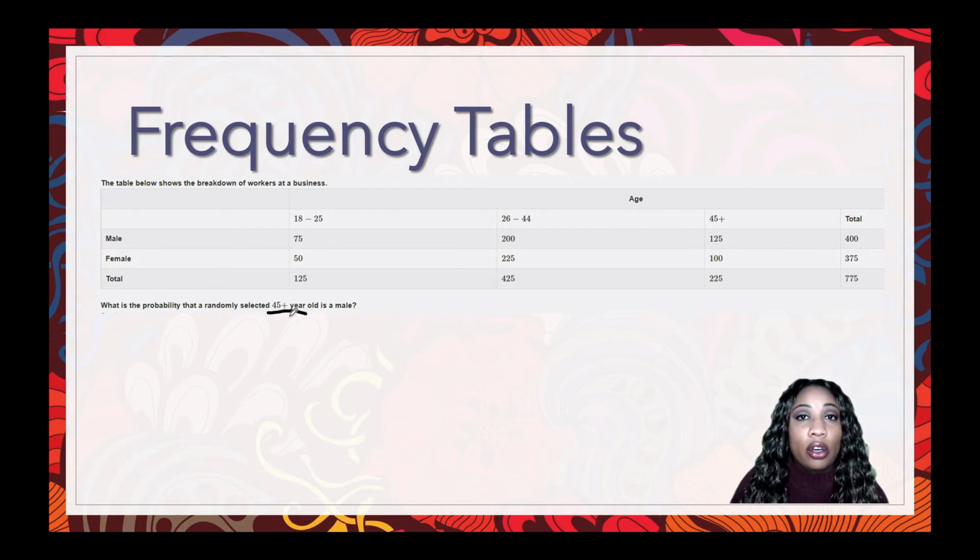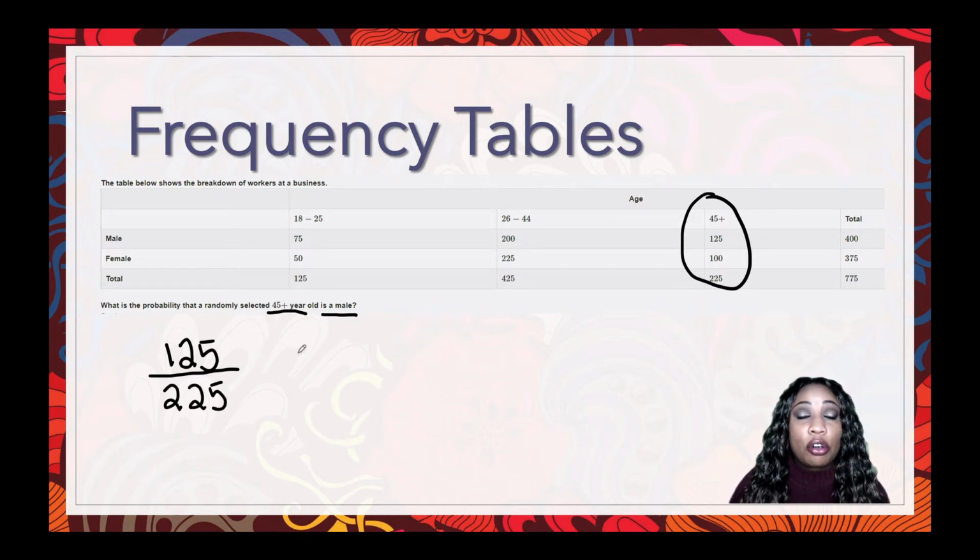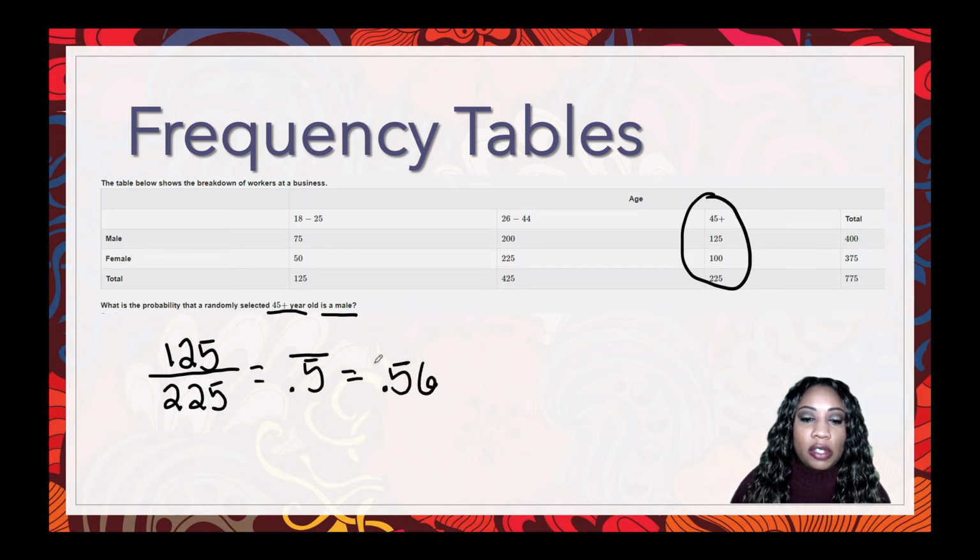So that is the only thing that we're going to be looking at. And then is male, so there are 125 out of a total of 225 people that are over 45. So that's going to give us 0.5 repeating. So we're going to put 0.56.